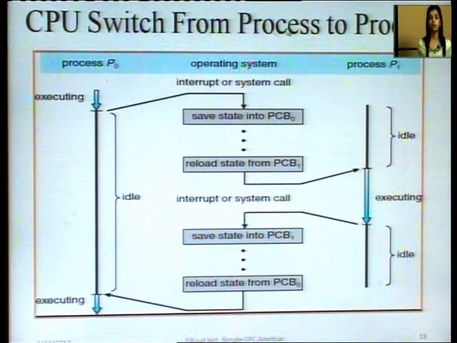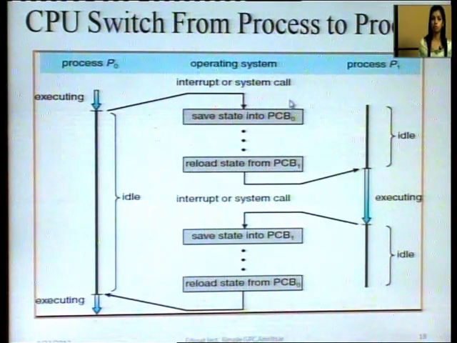So in this way the CPU switches from one process to another. While one is executing, the other is stored in the process control block.